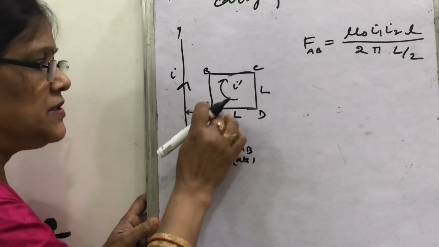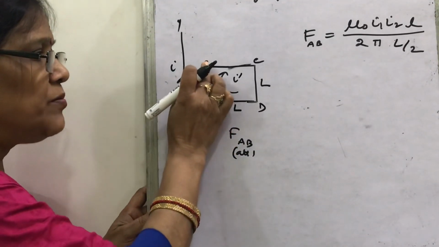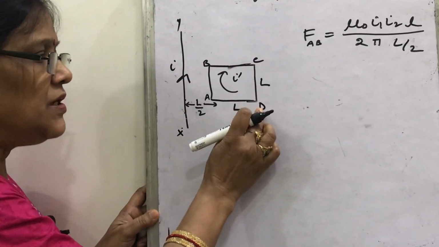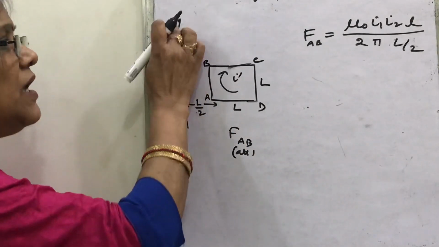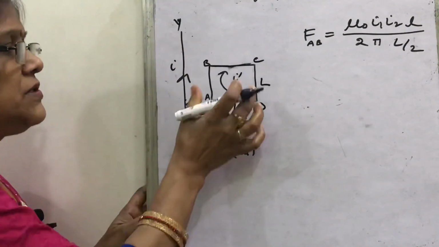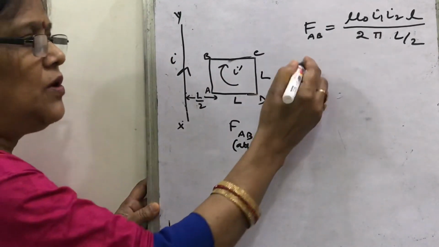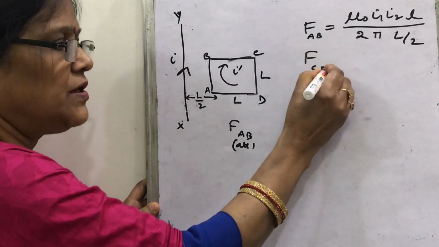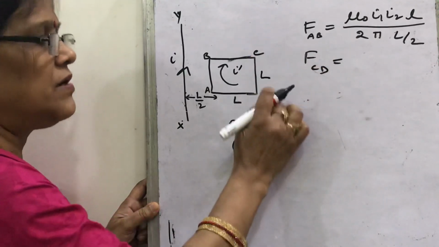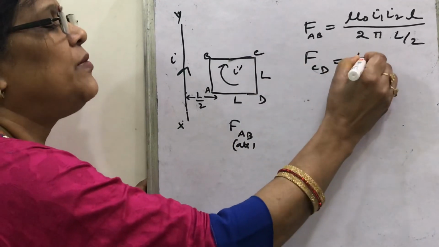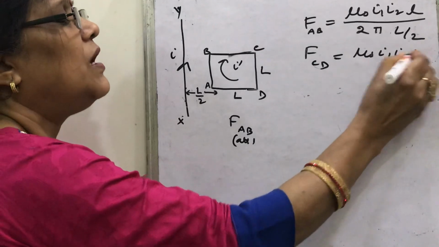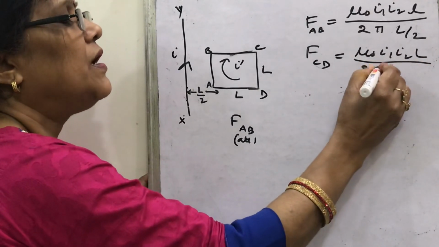At CD, since the current flows like this, A to B, then B to C, then C to D, and this XY, what will be the force? Repulsion, because of opposite direction current. So the force FCD is again mu naught I1 I2 L upon 2 pi times the distance.